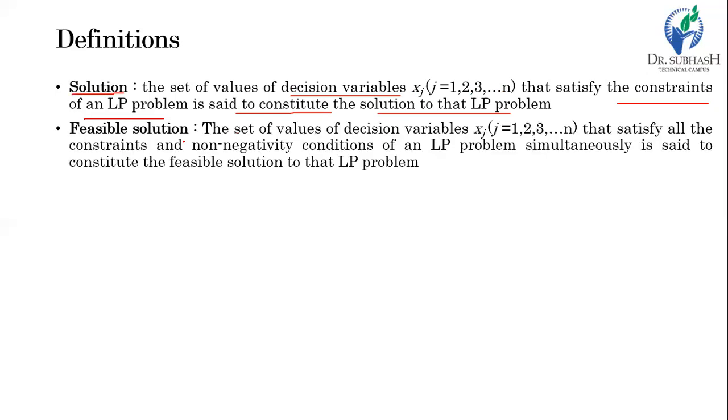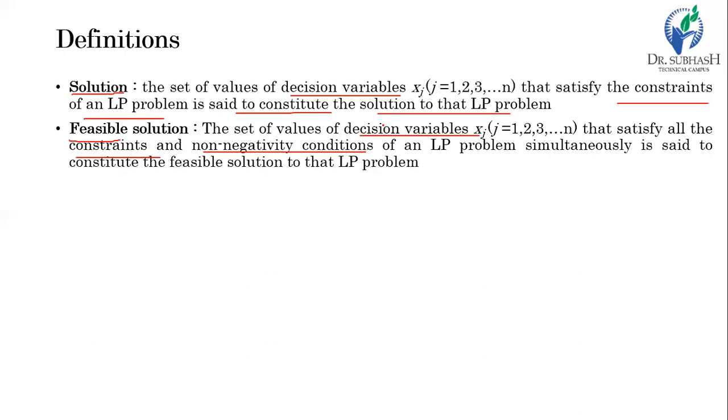Now, feasible solution. A feasible solution is a specific type of solution in which the feasibility condition must be satisfied. What is that feasibility condition? The set of values of the decision variables that satisfy all the constraints and the non-negativity condition simultaneously. For any value of x and y, you can get some solution, which is called a simple general solution.